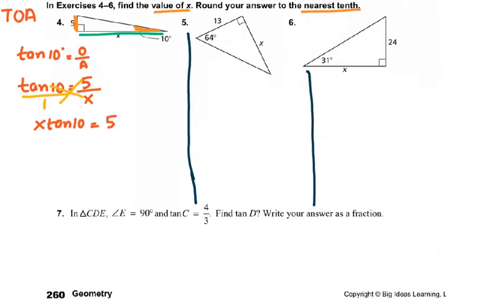Divide both sides by tangent 10 and you get x equals 5 over tangent 10 degrees. They want the nearest tenth, so look at the second digit after the decimal. That's going to be 28.4.